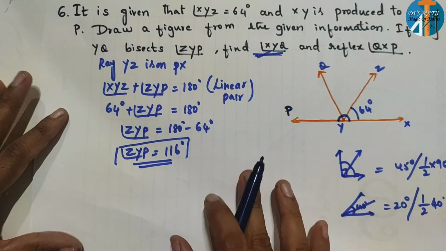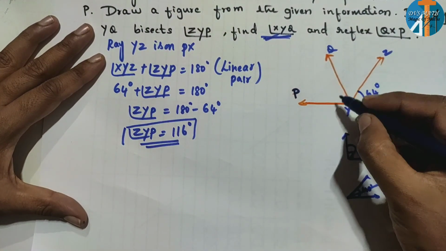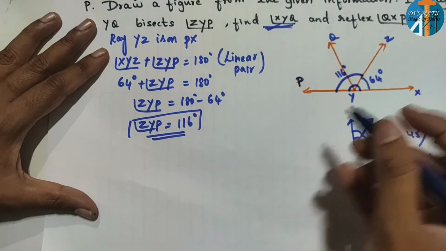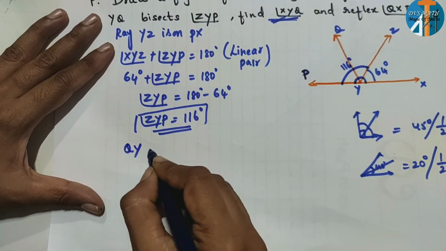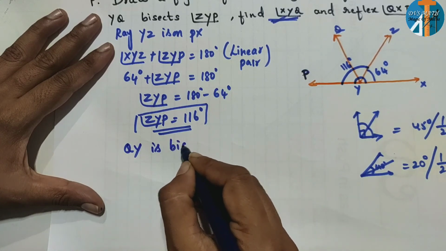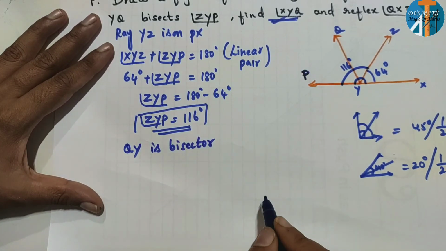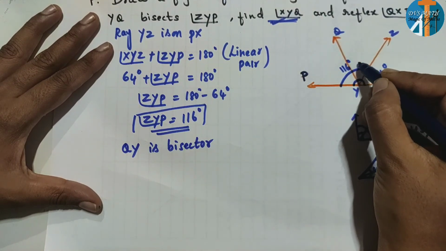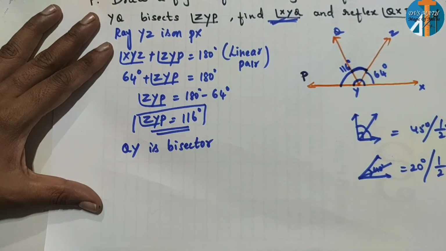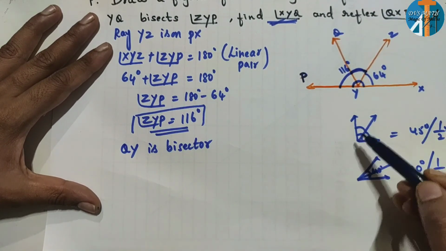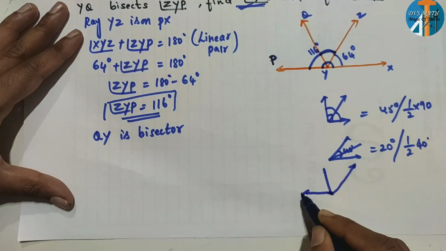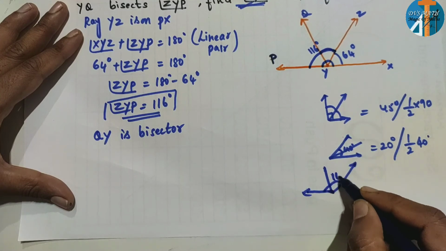Now remember, this whole angle, how much are we getting? 116, right? As QY is a bisector, what happens to this half of the angle? We will get half of this ZYP, right? As I told you, this whole angle we got is 116 degree now.